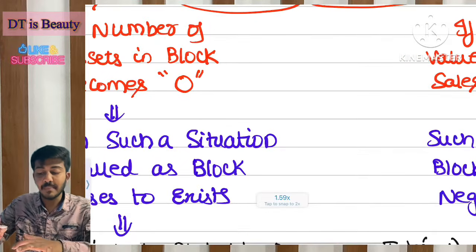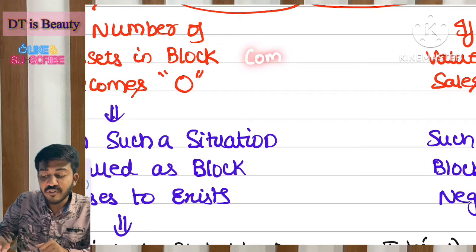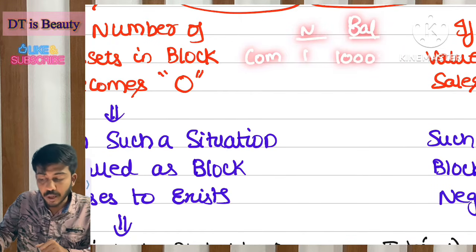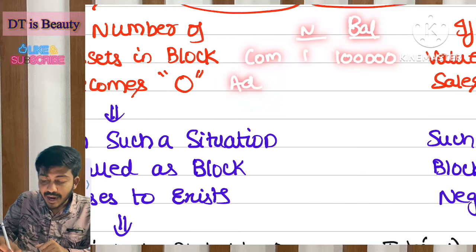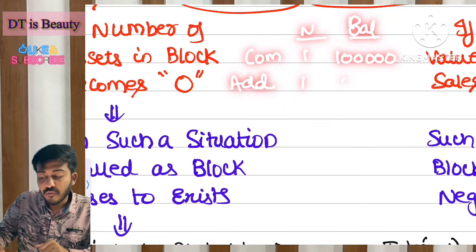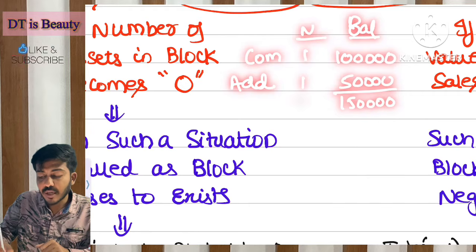Let me quote you an example carefully. For example, I have a computer, number of assets is 1, and opening WDV is 1 lakh. I made additions, 1 asset for 50,000. Now my total is 1,50,000 with 2 assets, minus sales.